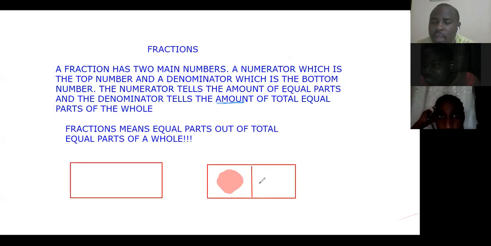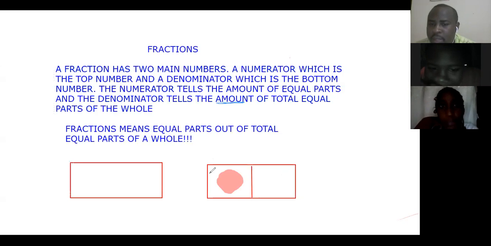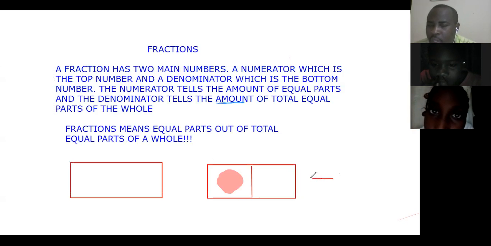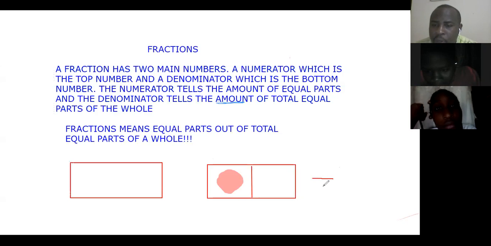So over here we have 2 parts, right? This whole thing is now divided into 2 parts, and both parts are equal. Yes, sir. So I'm going to put a slash, and we're going to call this slash the vinculum. Now I'm going to put a 2 at the bottom here.